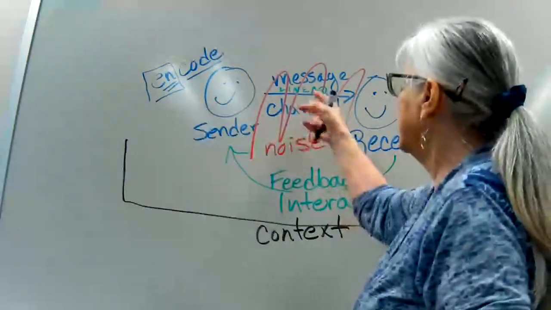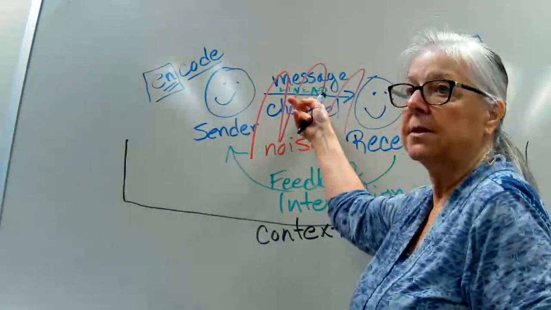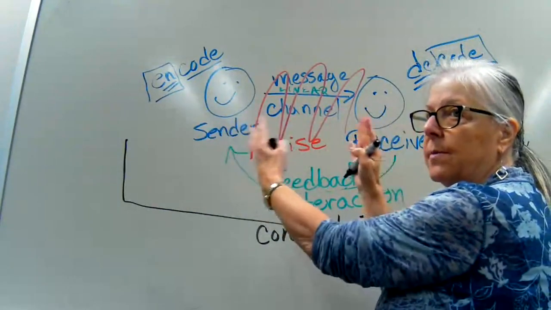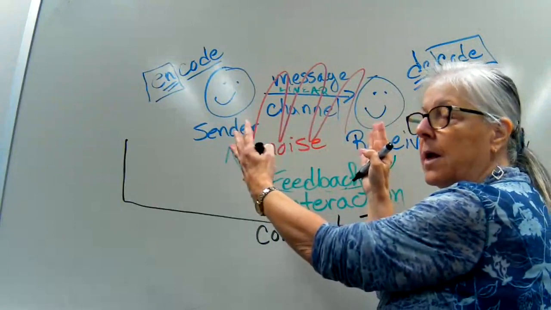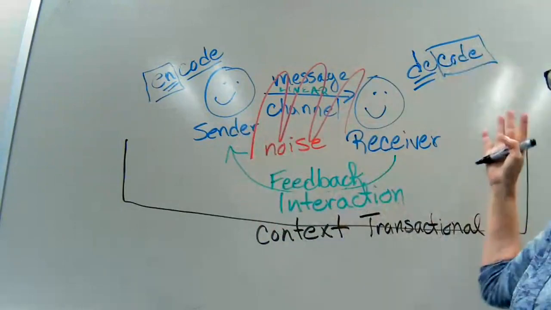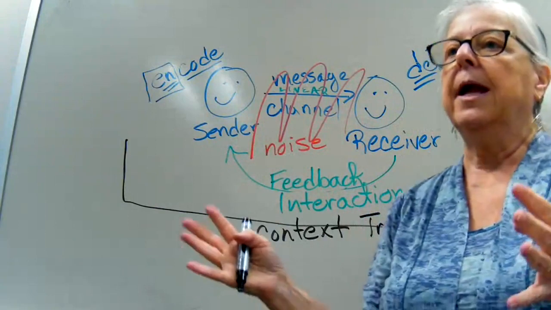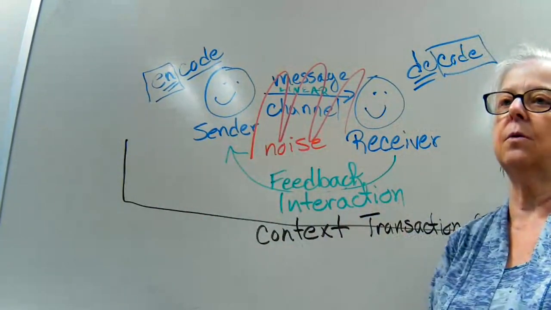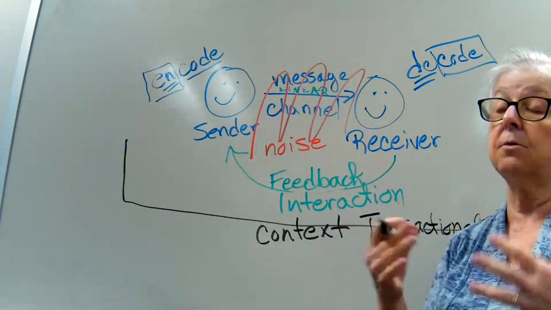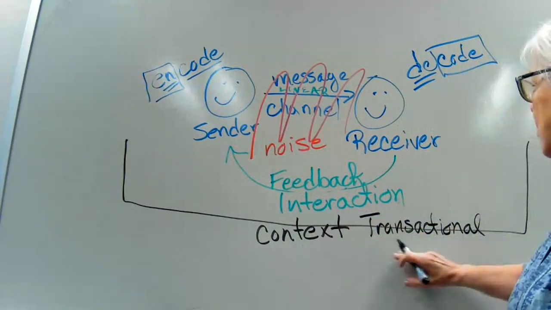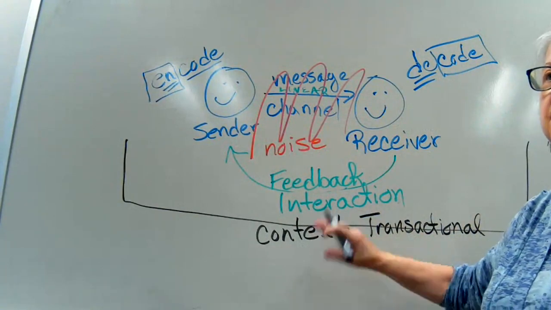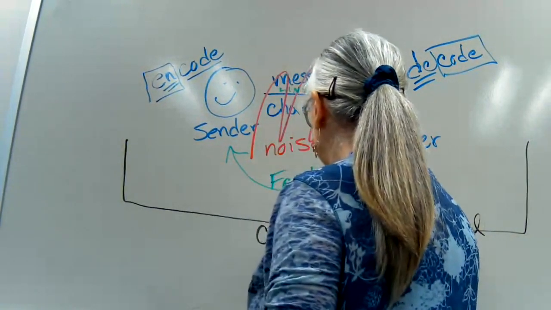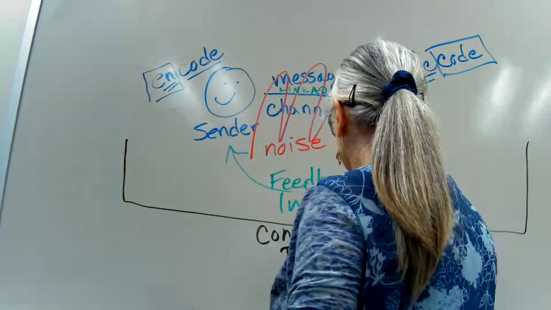All right, so we went to the very basics, then we expanded out a little bit more to see where there's some interaction back and forth. But now we're going to look at it from the really, really big picture. And when we look at the big picture, we're definitely going to be taking noise into consideration, but we're also going to look at the context, okay? So let's look at one of them, which is relationship.